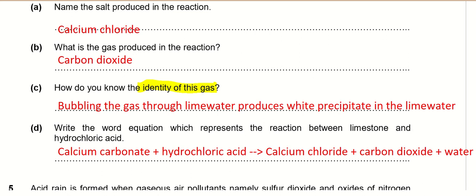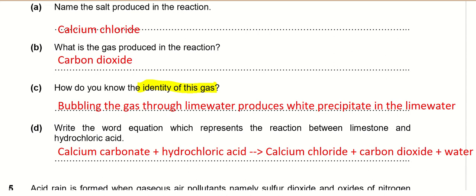But if we don't know what the substance is, like the powder that we throw into the acid, there's no way of telling by looking what the identity of the gas, of the effervescence or the bubbles, is. So the only way to figure out the identity of the gas produced is to do a test, right?